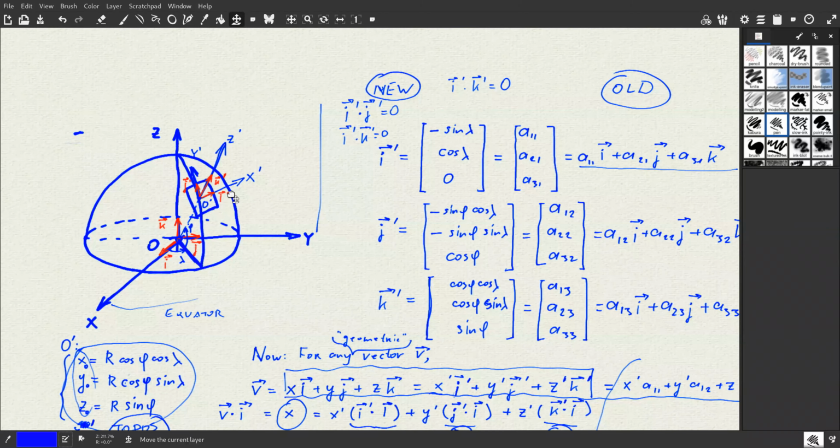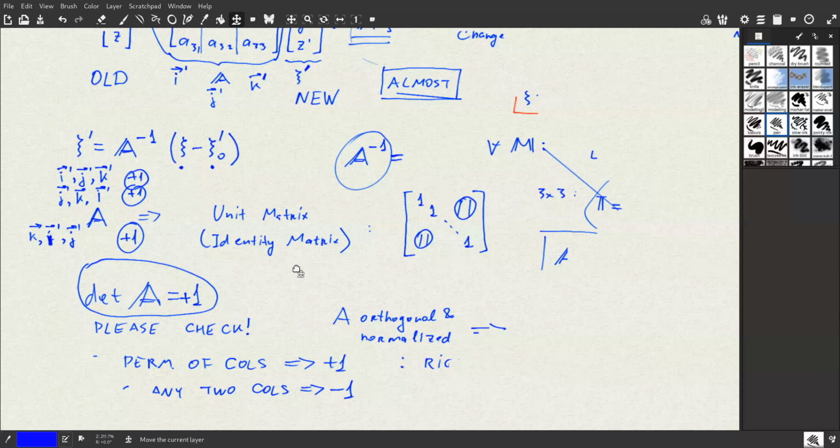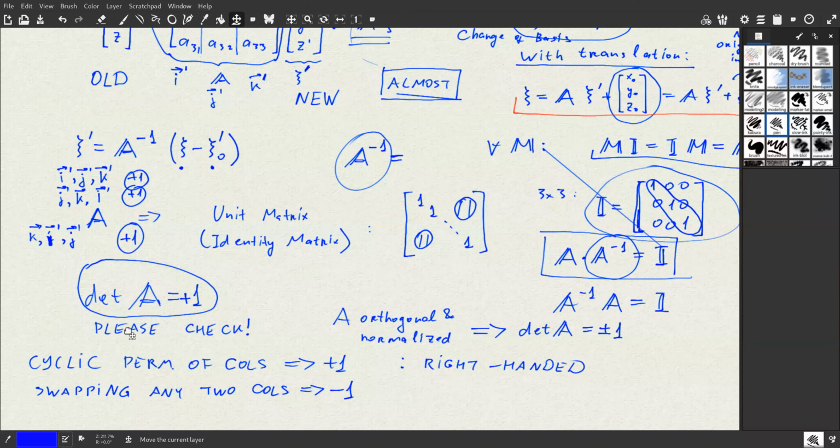Actually, here in this drawing, we're looking not from the top, but from, let's say, the bottom of I prime, and therefore a rotation from J prime to K prime appears to be clockwise here. But if you imagine that you are looking from the positive end of x prime, it would still be counterclockwise, and so on. So the geometrical meaning of cyclic permutation of columns in our matrix A is just a different point of view of your coordinate system, but you are still looking from the positive end of each of the columns.